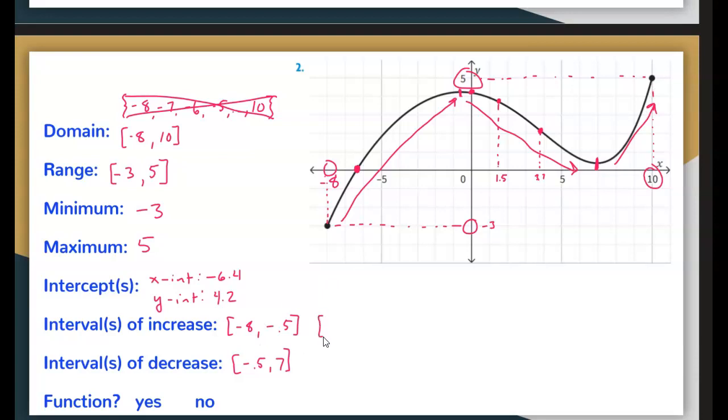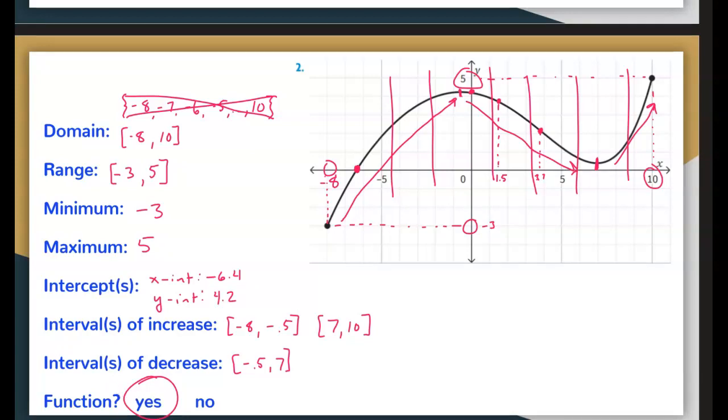So we have two intervals of increase on this graph and then one interval of decrease. And our last question here is, is this a function, yes or no? Well, we can draw vertical lines. Looks like anywhere we draw a vertical line, it will only go through once. So that makes it a function. Yes, this is a function.